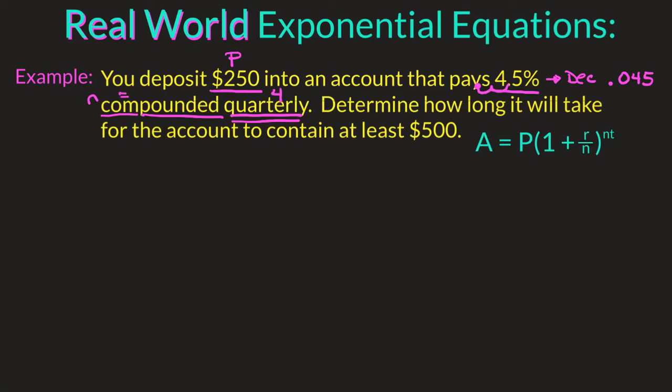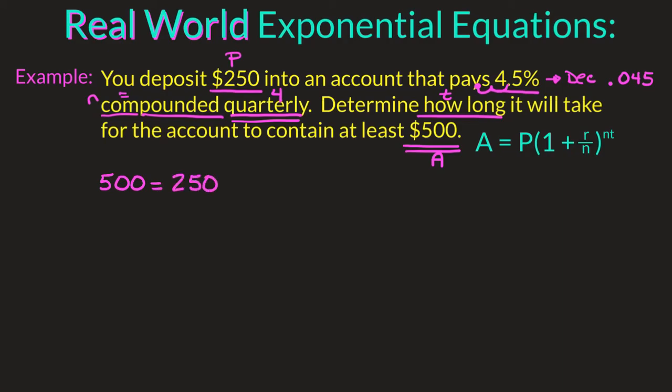Determine how long. So obviously how long is what we're trying to find. We are looking to find t, the amount of time it's going to take our account to equal or be at least $500. So this 500 would be our A. I'm going to now go ahead and plug in everything in my formula and write it all down. So we know A was 500. So 500 equals our P was 250.